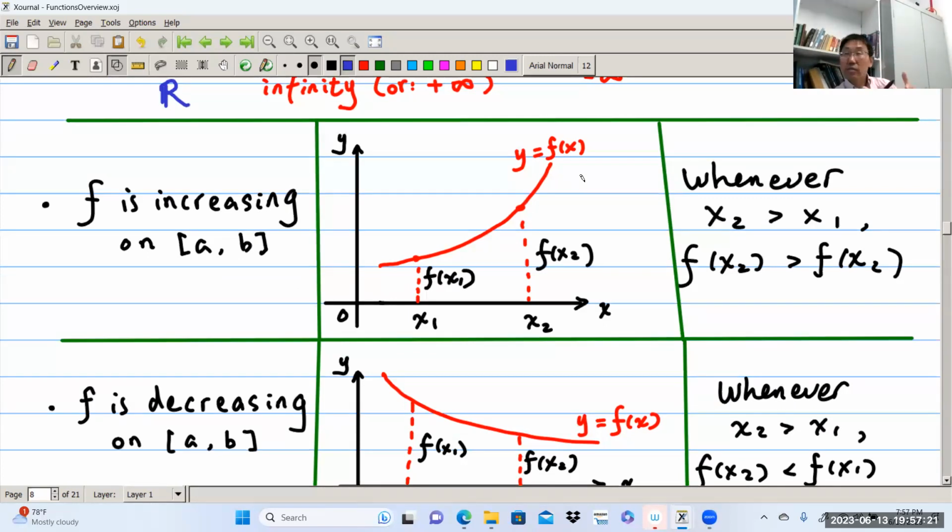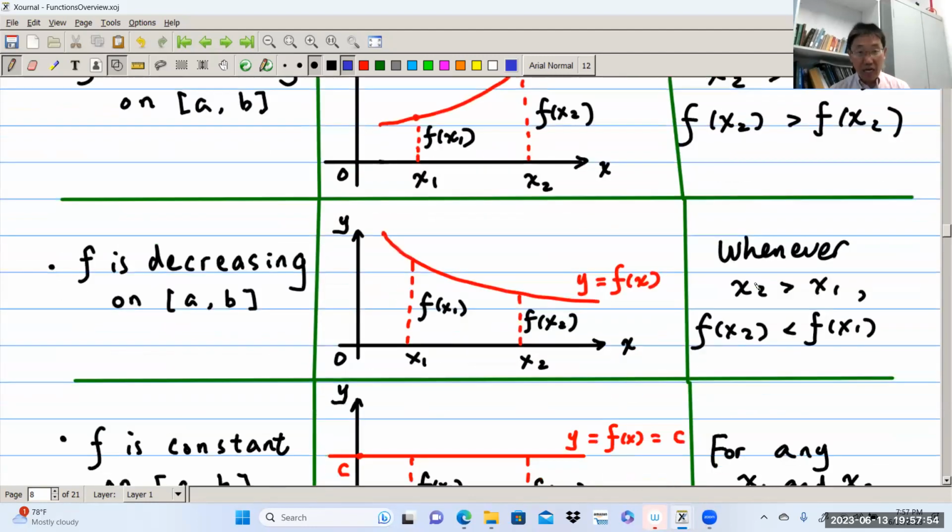So as x increases, y increases. If you supply a bigger input, you get a bigger output. So as the input increases, the output increases accordingly. Then we say the function is increasing. Very natural definition. Algebraically speaking, we say if x2 is bigger than x1, then f at x2 is bigger than f at x1.